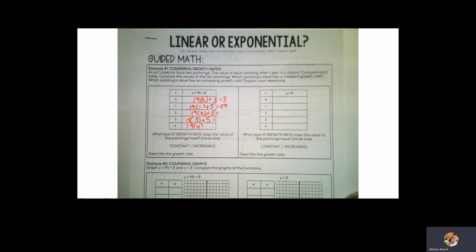No. You're good. 38, and then 38 plus 5 is what? 43. It's okay. Just the fact that you're answering is good. So what about the third year? At year 3, what is the first equation? What's 19 times 3? 57, and then 57 plus 5? 62. And then what's the last one?